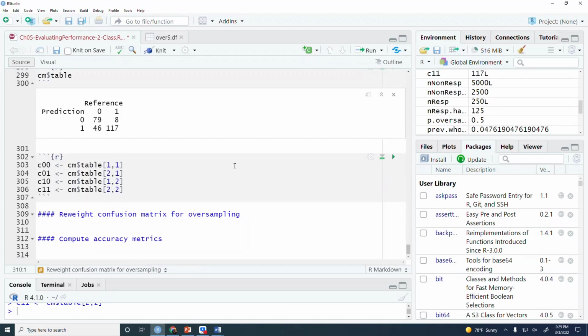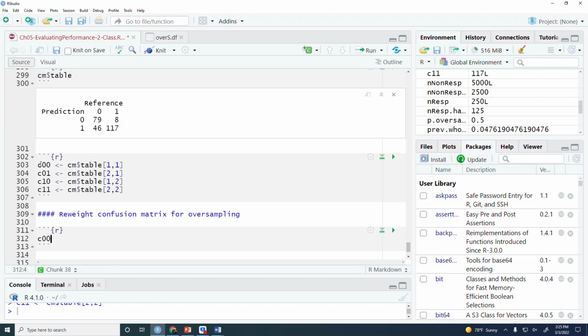Now we need to apply the weights. You apply the weights by the actual, right? These two numbers should be divided by the weight for 0. These two numbers should be divided by the weight for 1. So C00 and C01, both are actual 0.